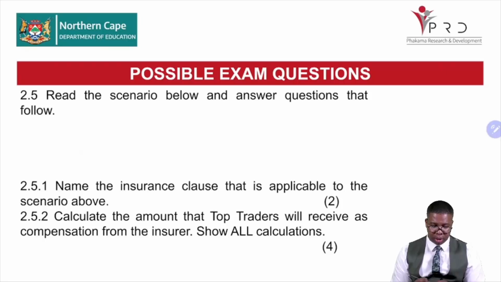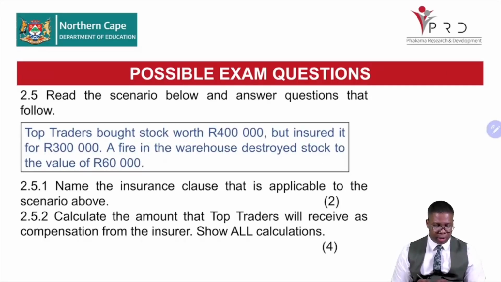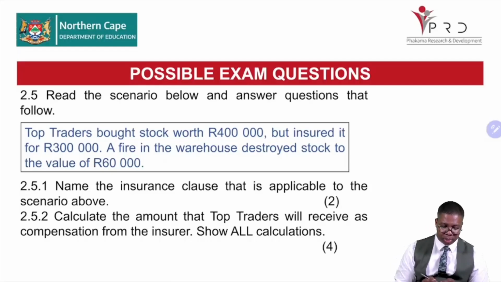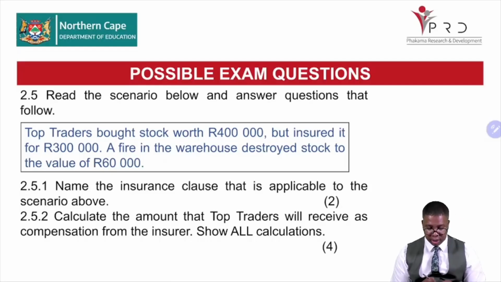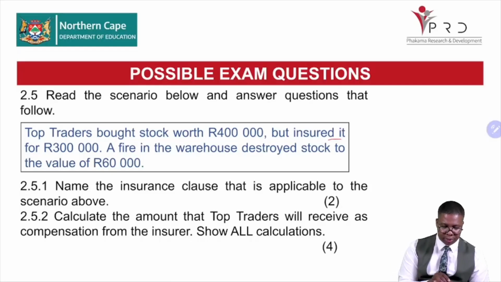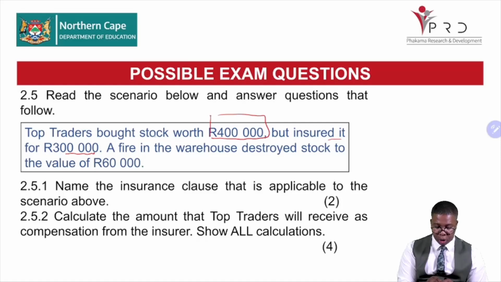Let us look into possible exam questions now. We have 2.5, which says read the scenario below and answer the questions that follow. The scenario is about Top Traders who bought stock worth 400,000 but insured it for 300,000. Then a fire. What is important when we are dealing with numbers here is that we need to underline the values. Top Trader bought stock worth 400,000.